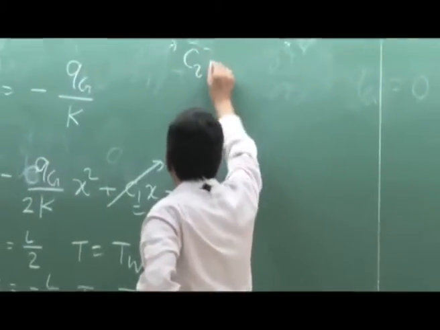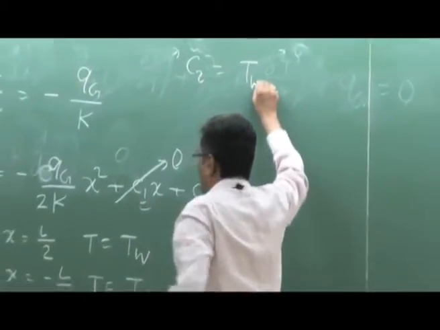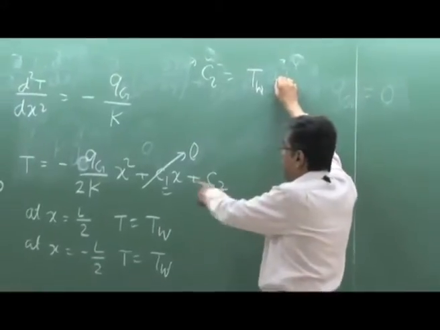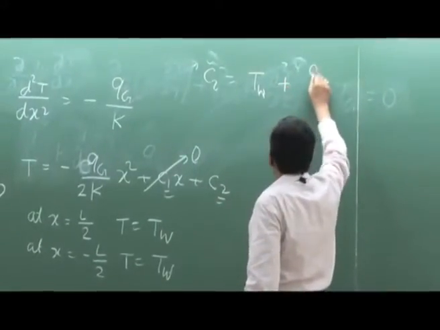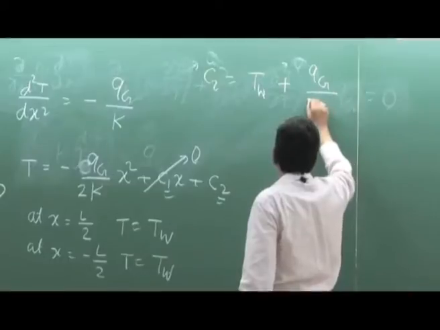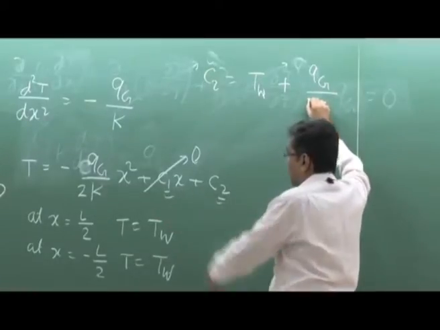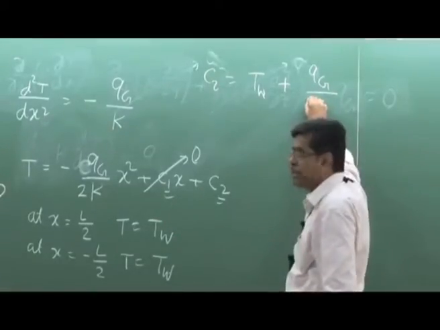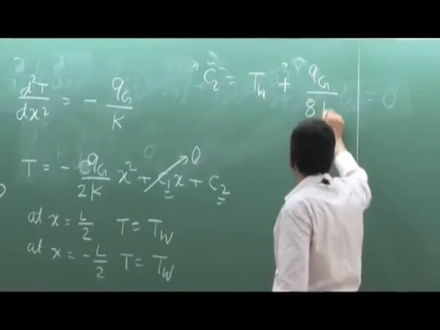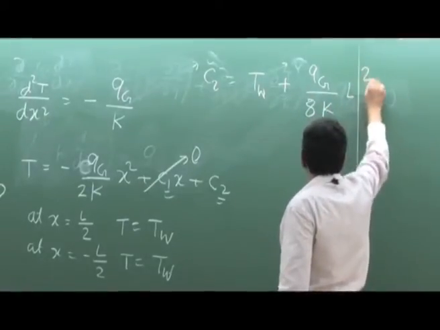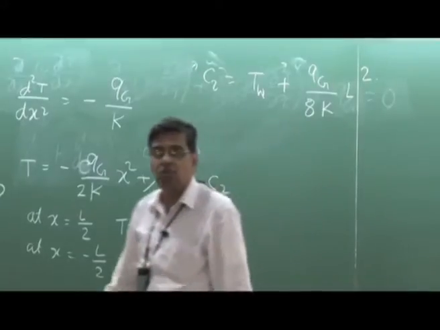C2 will be simply TW plus QG by 8K L square. If I use any one of these, that will give the same result. This is C2.